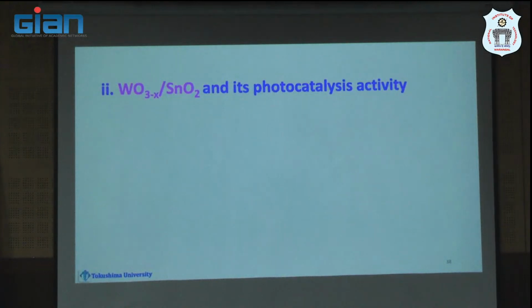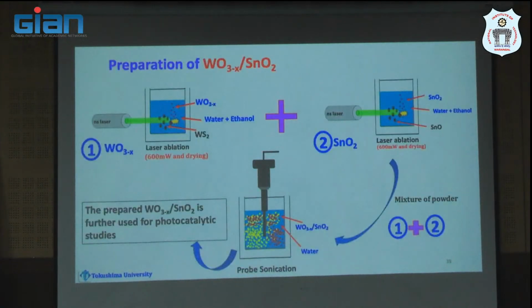Another combination, it was binary, not ternary, but I just want to show this interesting result. We started with WS2 and we created WO3-x. In the laser ablation itself, the laser energy is used. The laser energy breaks the W and S2, and O comes from water, and it can create WO3.